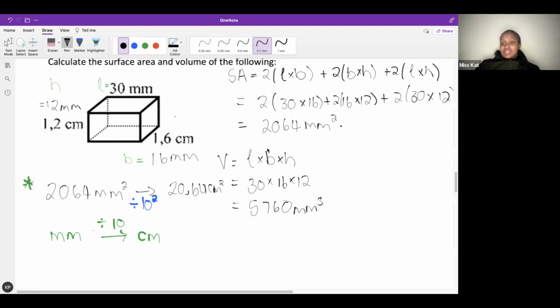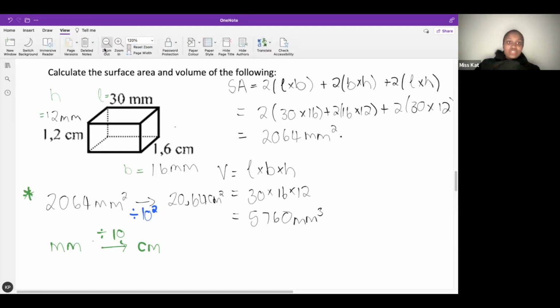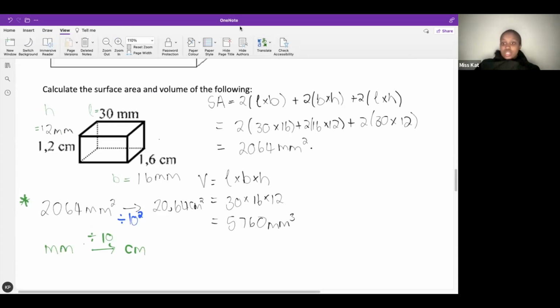Nice, guys. Thumbs up, thumbs down for this question. If you have a question, this is the time to ask while you take a screenshot. Remember, the original conversions count, you just add a square or a cube according to the unit.